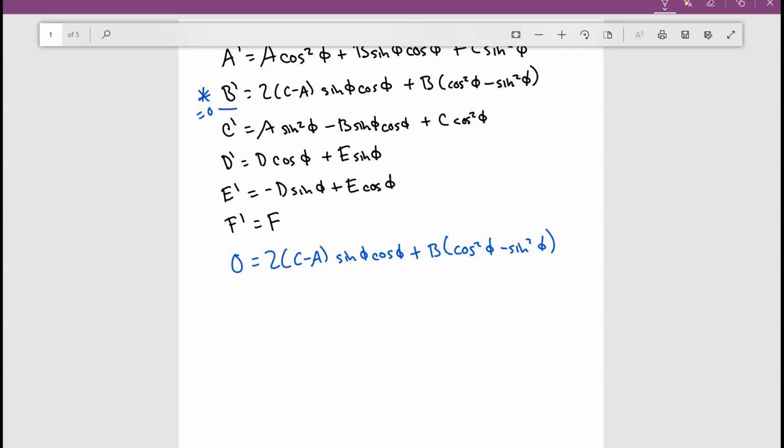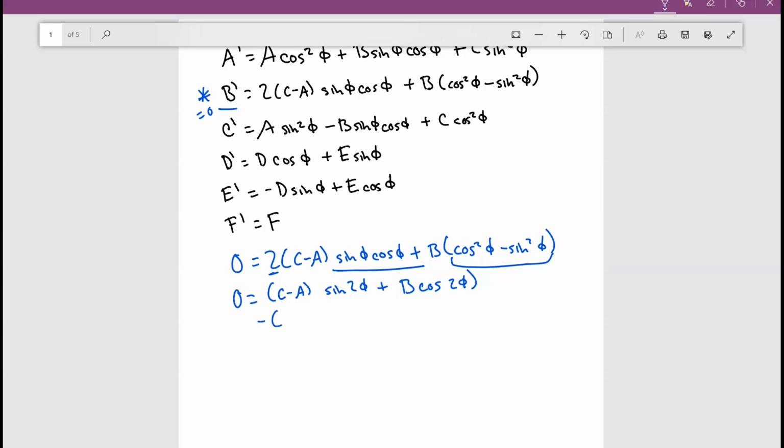You can use a trig identity here: 2 sine phi cosine phi is just sine of 2 phi, so this is c minus a times sine 2 phi. And for b, this is another identity: cosine 2 phi.